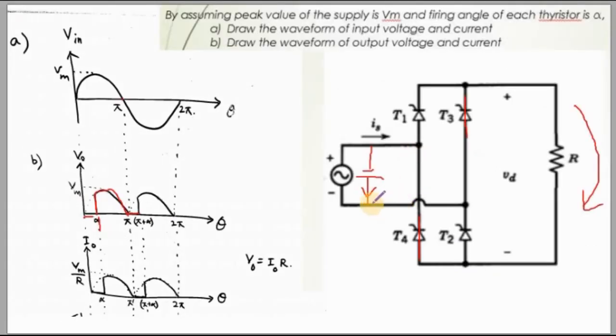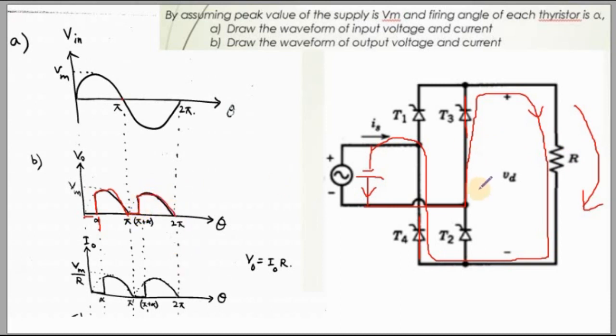Then current will flow all the way from here to there, this part. And because of that current, you have a potential difference from here to there. So you can mark that one like this.